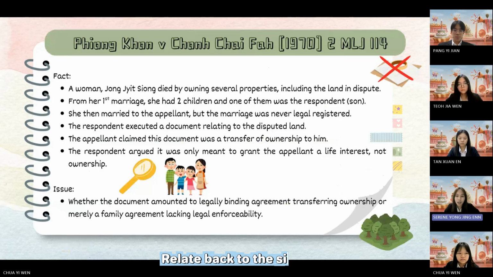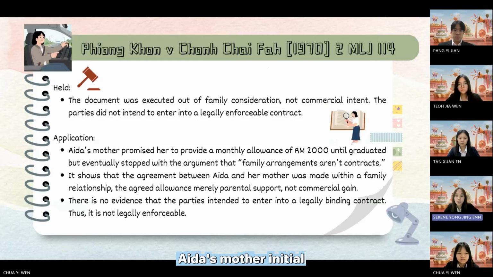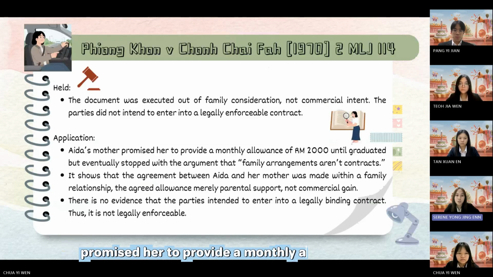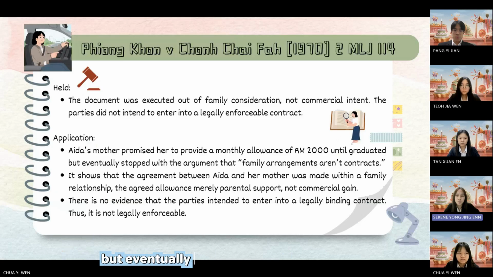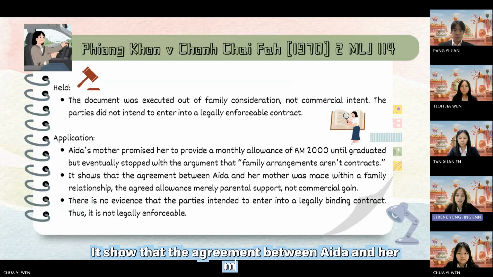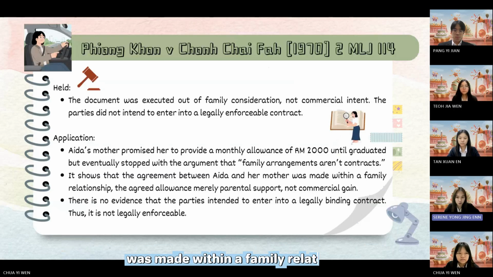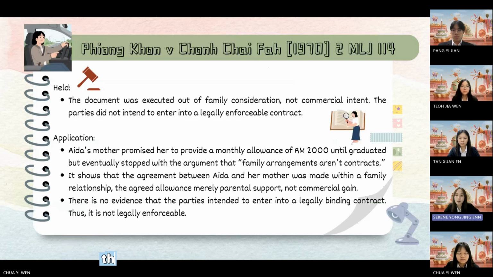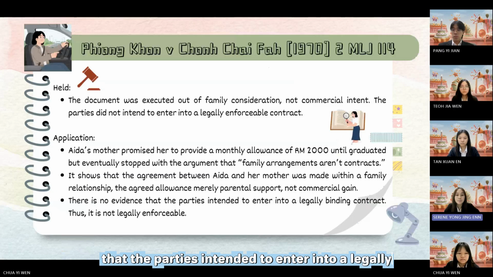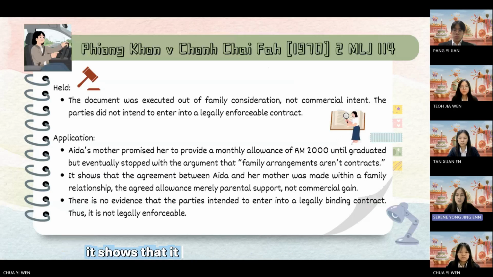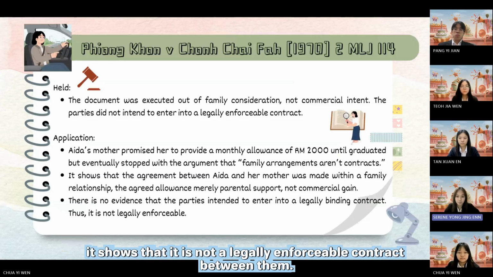Relating back to the situation, Aida's mother initially promised her a monthly allowance of 2,000 ringgit per month until she graduated, but eventually stopped with the argument that family arrangements are not contracts. It showed that the agreement between Aida and her mother was made within a family relationship, and the agreed allowance was merely parental support, not commercial gain. There is no evidence that the parties intended to enter into a legally binding contract. Thus, it is not a legally enforceable contract between them.